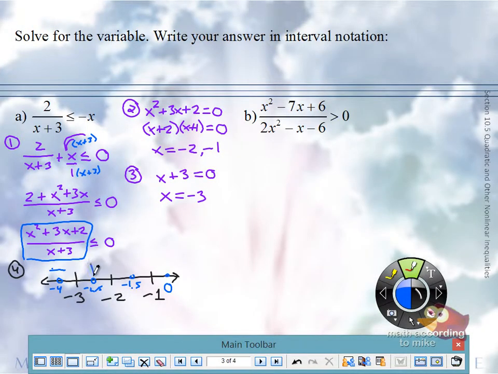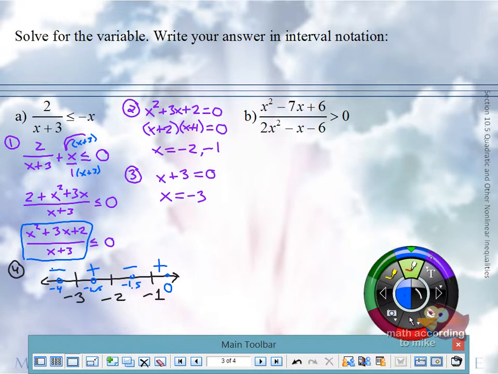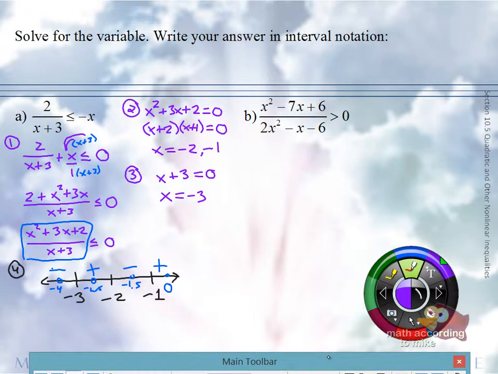So negative, positive, negative, positive. That's step 5. Step 6.